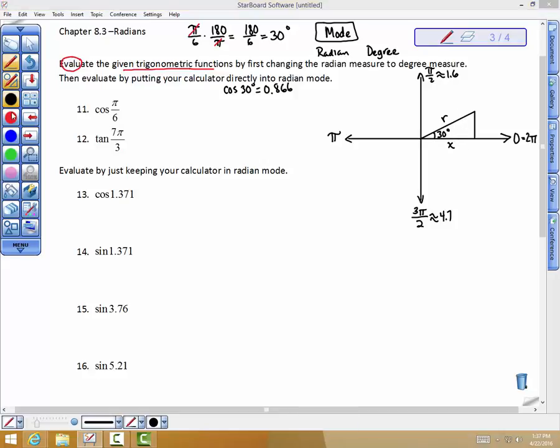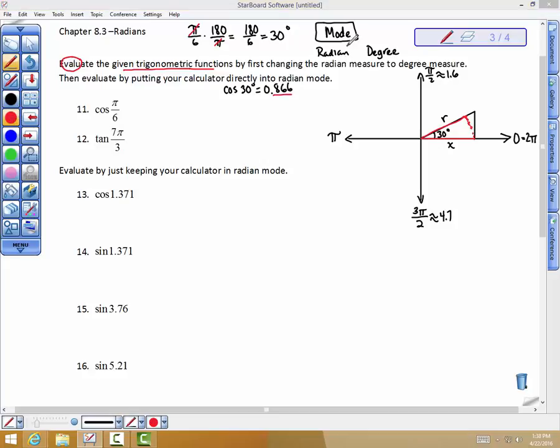And would you agree with me that this side right here, if you moved it over here and compared it to the hypotenuse, is about 86% of, see this 0.866? It's 86% of the length of the whole hypotenuse. So that's where that comes from, remember. It's a ratio of the two sides.